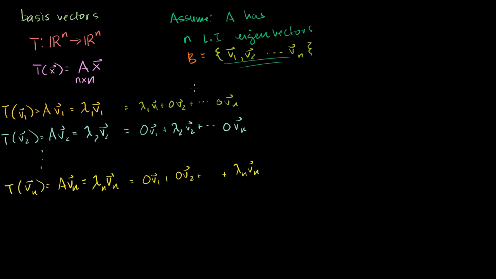What I want to show you is what happens when I do a change of basis. We've seen this before. In my standard coordinates, or in coordinates with respect to the standard basis, you give me some vector in Rn. I'm going to multiply it times A, and you're going to have the transformation of it. It's also going to be in Rn. Now, we know we could do a change of basis.